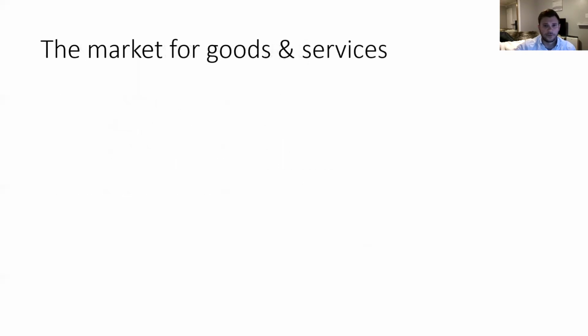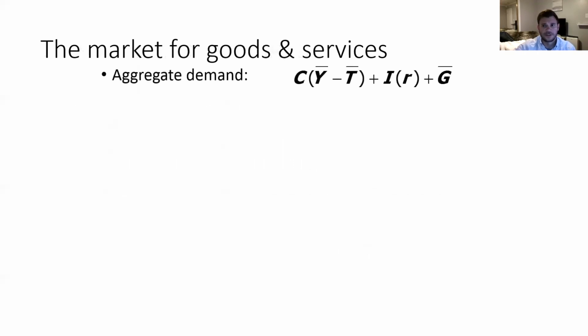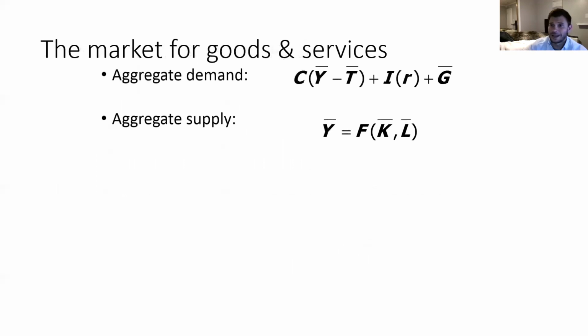Back to the market for goods and services. Okay, demand for output was just the sum of consumption, investment, and government purchases as we have described them. Supply of output, again, was generated by technology and our access to capital and labor within our borders. The equilibrium in the market, again, a similar idea with microeconomics, is determined by the allocation where the quantity of demand is equal to the quantity of supply.